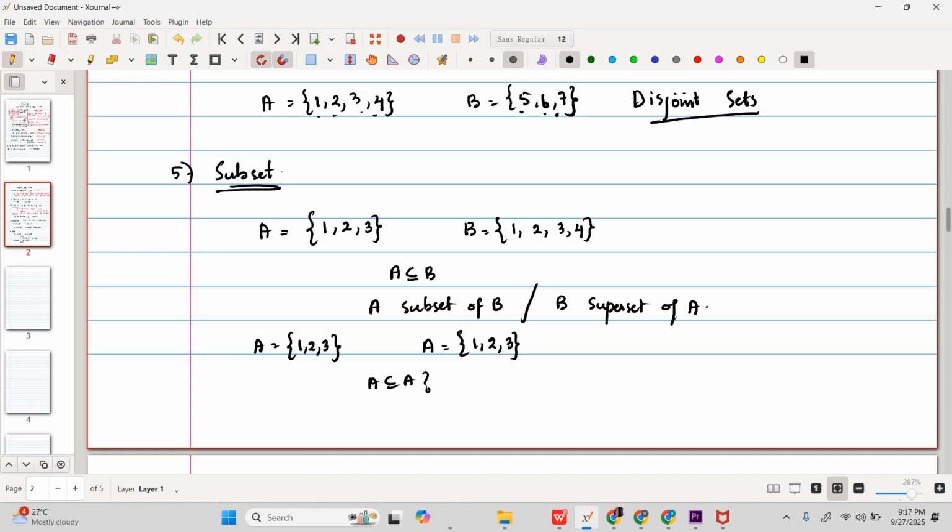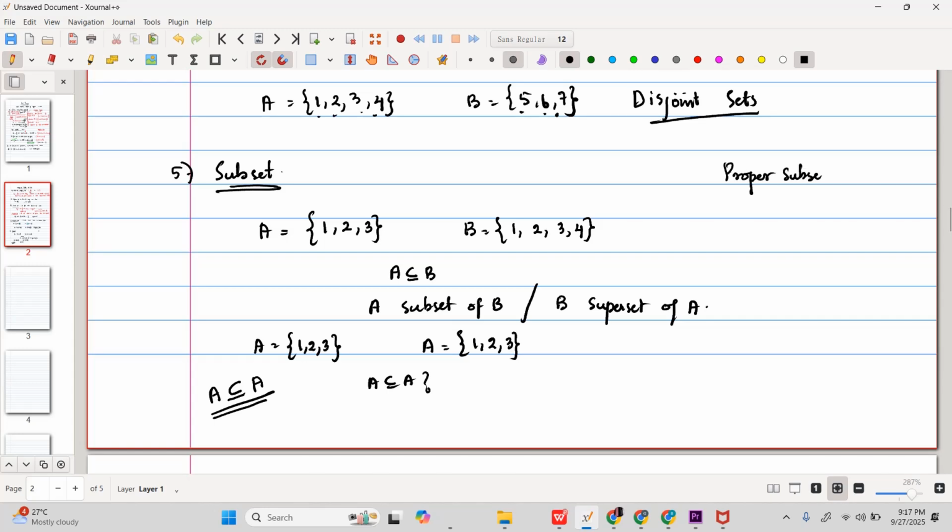So if we take the same set A and itself, they are subsets of each other. And in this case, we write it as A is a subset of A itself. Okay. Now we have the concept which is proper subset.